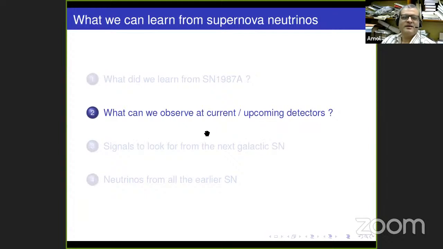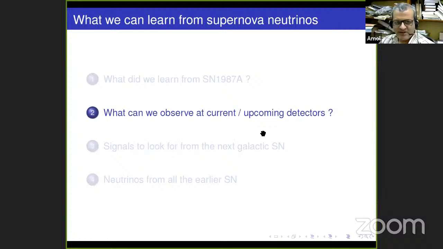Okay. So of course this was long ago. This was in 1987. Now we are 34 years past that, and we now have bigger detectors, better detectors. So our question now should be, what can we observe at the current detectors or upcoming detectors?